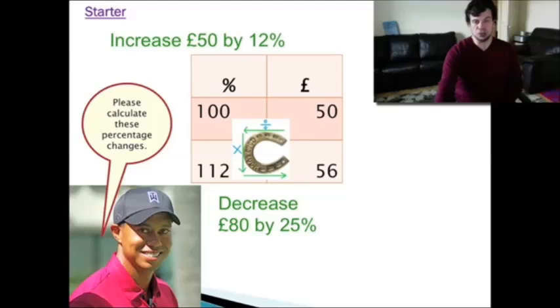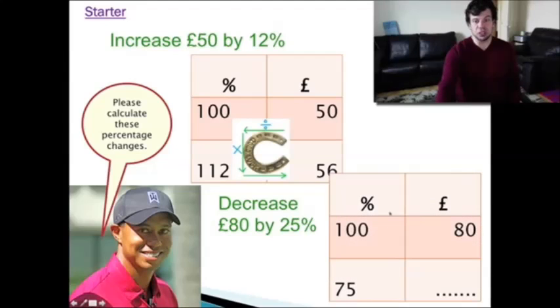Now the second question is decrease £80 by 25%. Again, proportion table, percentage on the left, pound on the right. The original amount of money is £80, which is the full amount of money, so the original full percentage is 100% always. What is 25% less than 100%? Well, 25 from 100 leaves you 75%.